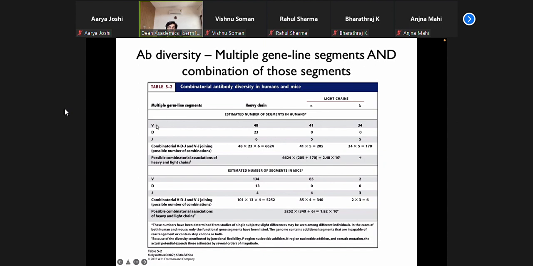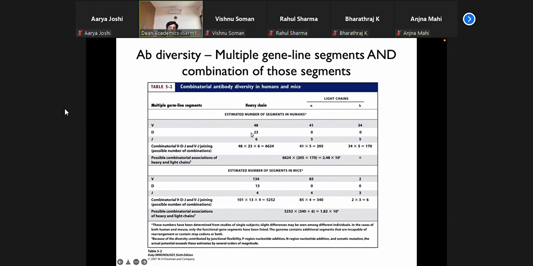What you essentially do is find out how many V segments, how many D segments, and how many J segments there are in the heavy chain, and how many V and J are present in the light chain for both kappa and lambda, right? Obviously, you don't have any D in the light chain, so D is actually 0, right?